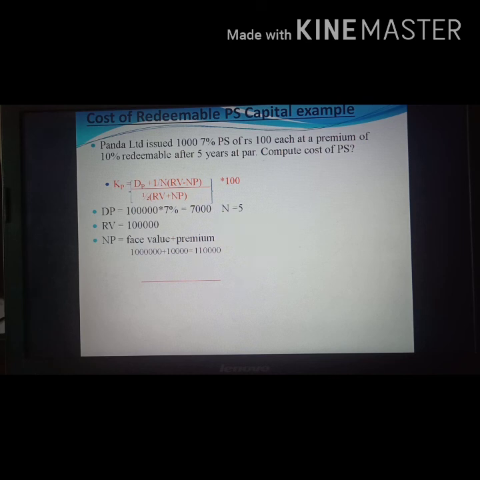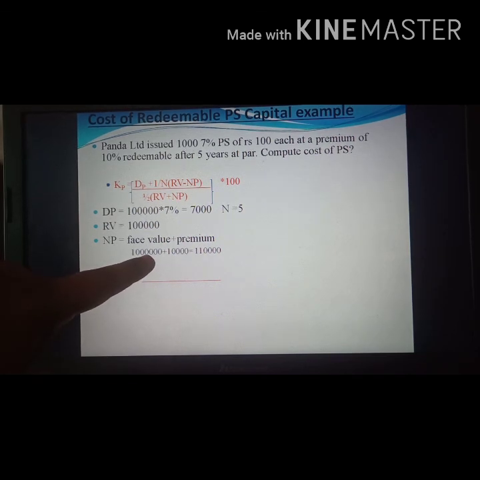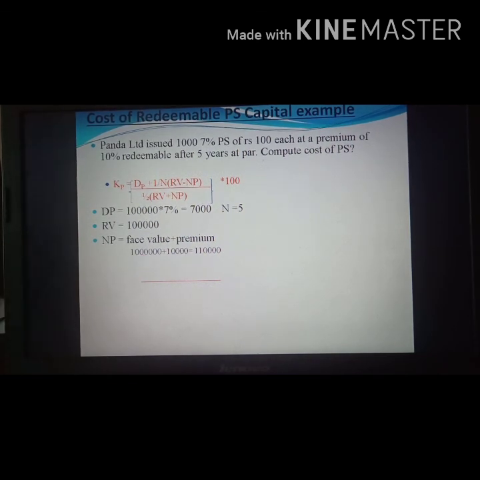Now the task is to calculate the net proceeds value, and we know that it is issued at a premium of 10%, which means face value plus premium. There is a slight mistake here, it is not 10 lakh, it is 1 lakh. 1 lakh plus 10,000, where 10,000 is the premium, because it is issued at a premium of 10%, and 10% of 1 lakh is 10,000.